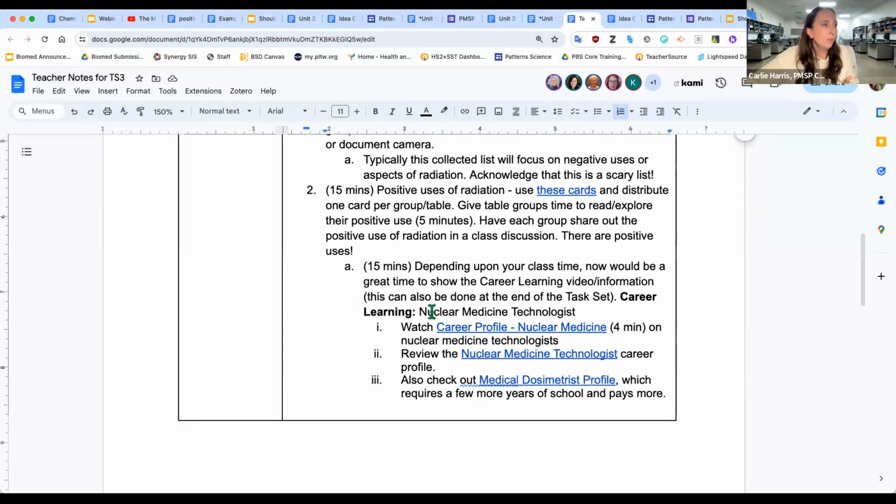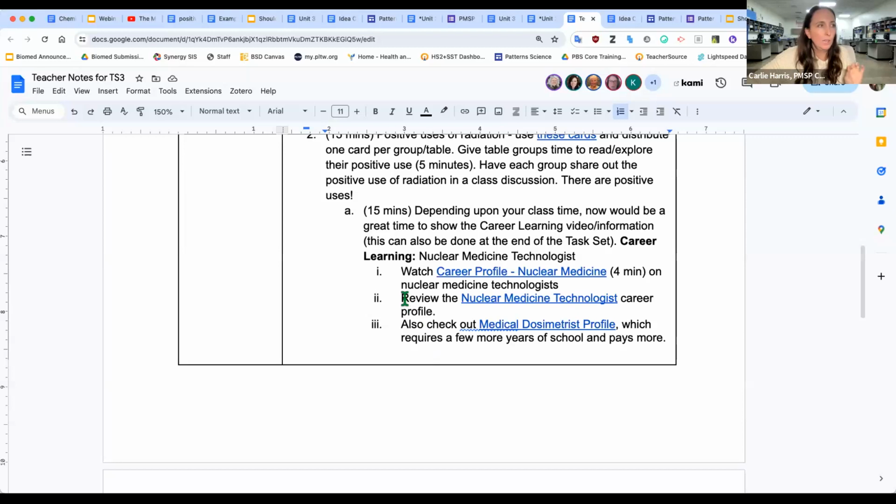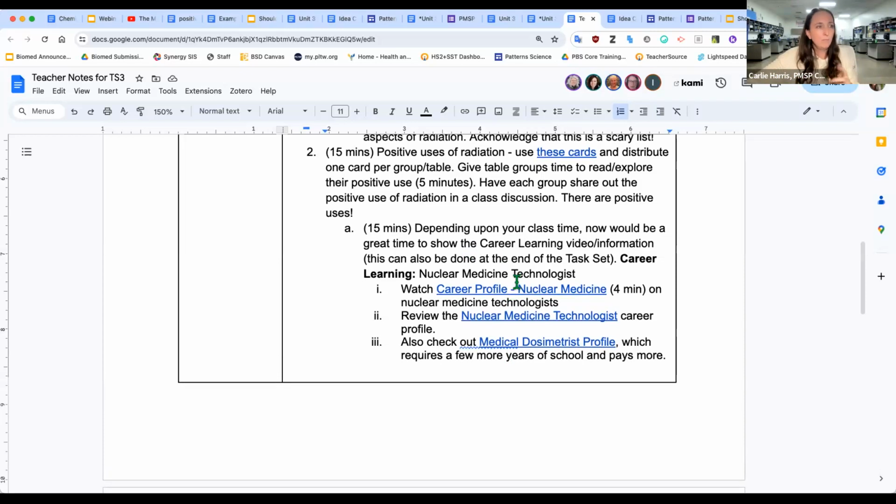And then the other really big part here that I didn't specifically mention, but I do want to call out now, is that when you are discussing the positive uses of radiation, that's a fantastic time to introduce some career learning. We're always looking to put more career learning into our curriculum. We have a bunch of resources here that are career profiles and some videos related to nuclear medicine and nuclear medicine technologists.